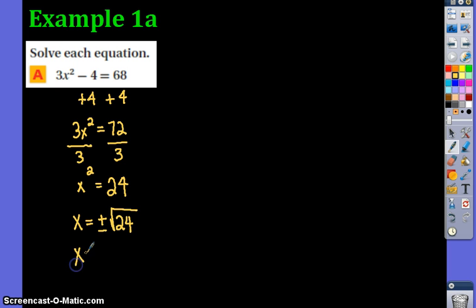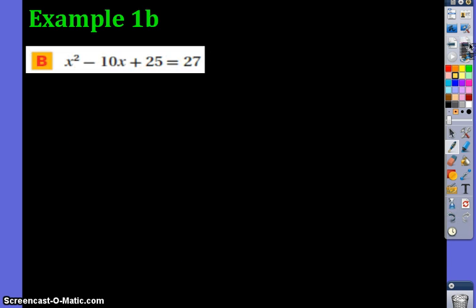So x is equal to plus or minus the square root of 4 times 6, which is equal to plus or minus 2 times the square root of 6. Which means that we have two roots here, a positive 2 square root of 6 and a negative 2 square root of 6.